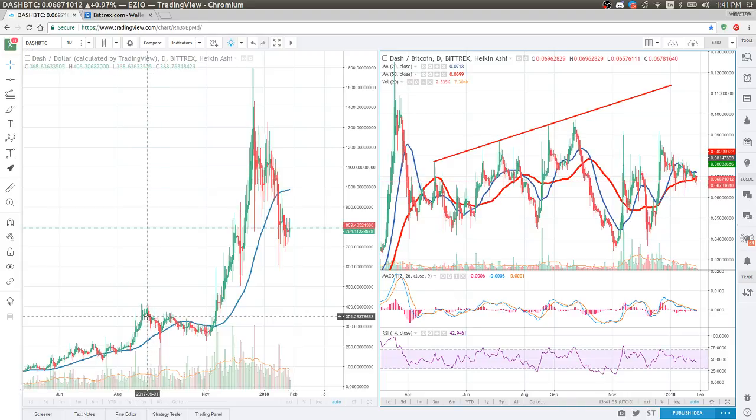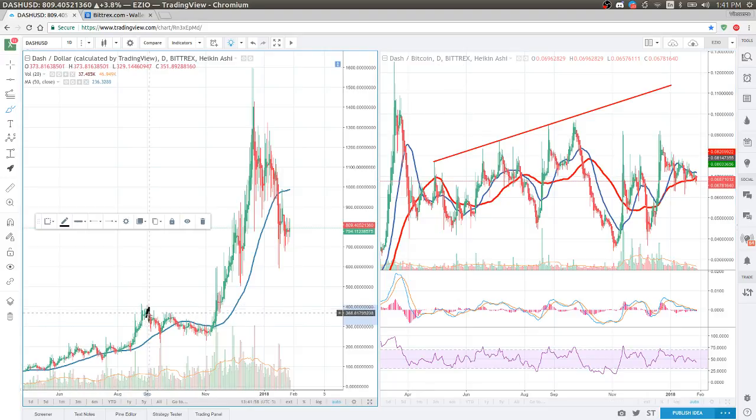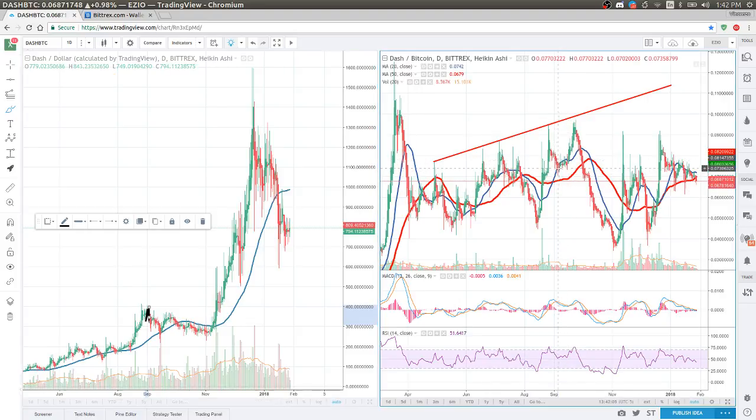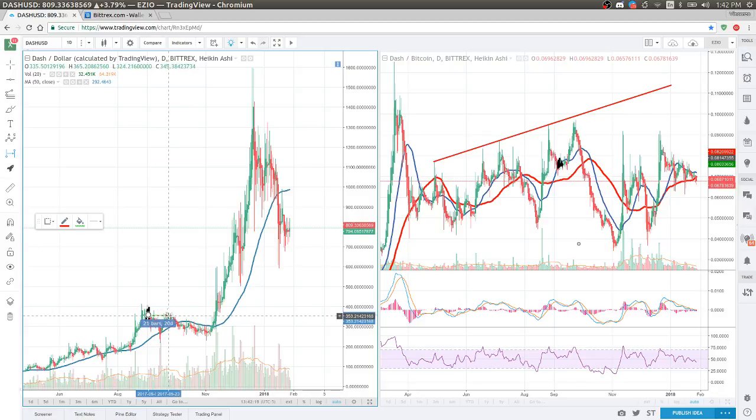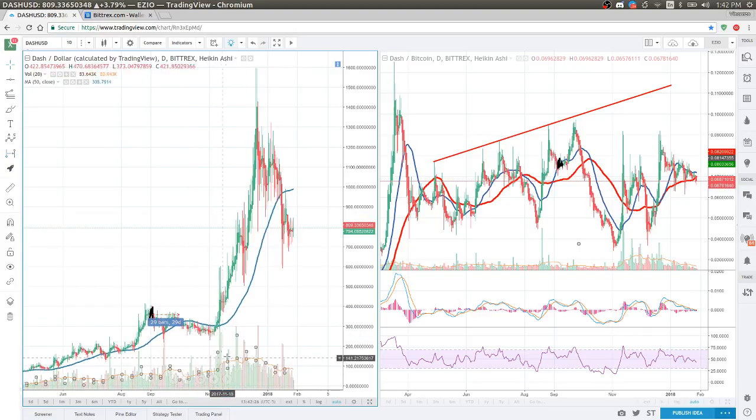So from September the 1st, what happened right there, and here September the 1st, right there. So in this case, we can see that from September to October, let's see how much things changed.